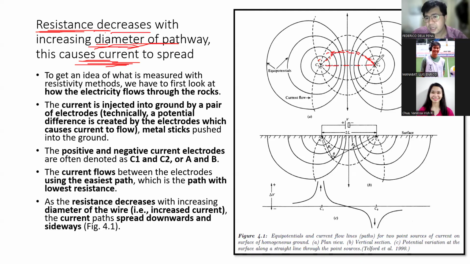As your pathway is starting to curve, you're actually getting a bigger diameter, right? Your diameter is actually increasing. And this actually allows more electric particles to pass through this pathway.